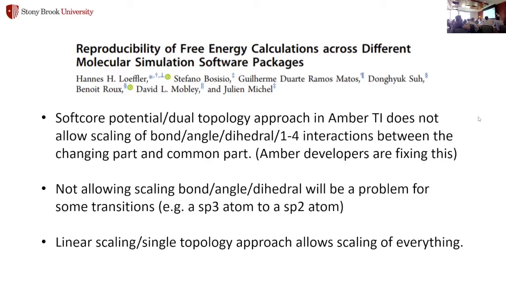On the other hand, the linear scaling single topology approach allows scaling of everything, so I can scale whatever I want and don't need to worry that something is not scaled and I'm not aware of it. So we use this one. Even though it's inferior to soft core potential dual topology, we are 100% sure what we are doing. We feel very safe doing it this way.